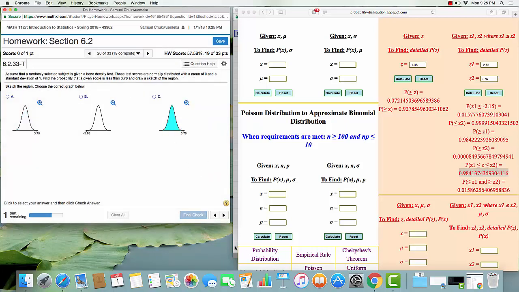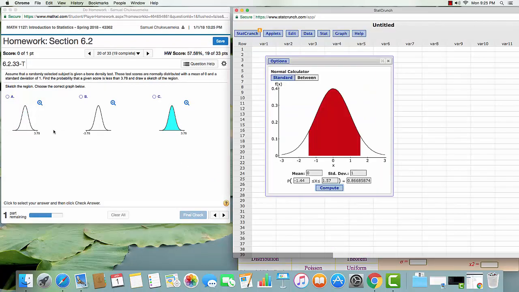Question 20. StatCrunch. Assume that a randomly selected subject is given a bone density test. Okay. Find the probability that the score is less than 3.78. Of course, that's this. You want to put it here.